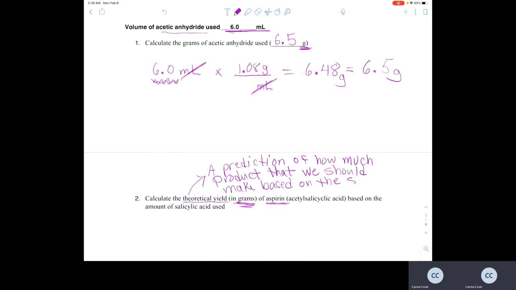And it's going to be based on the starting mass of the limiting reactant.